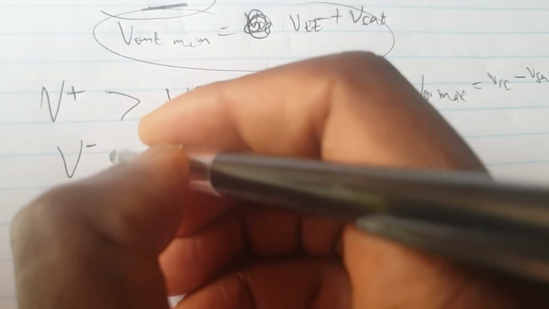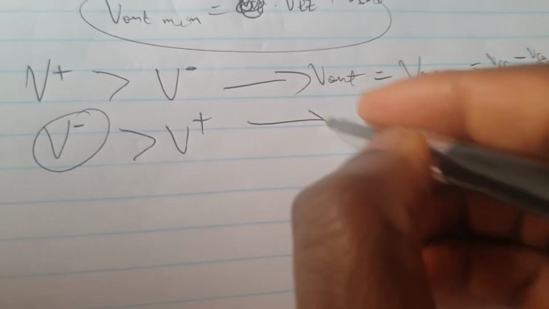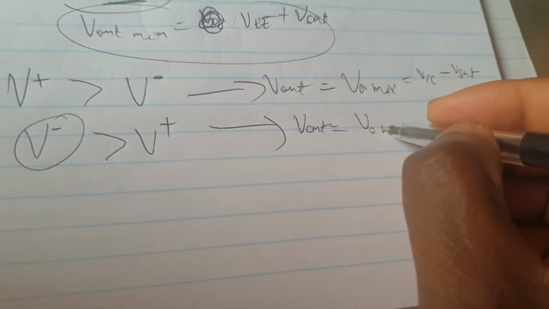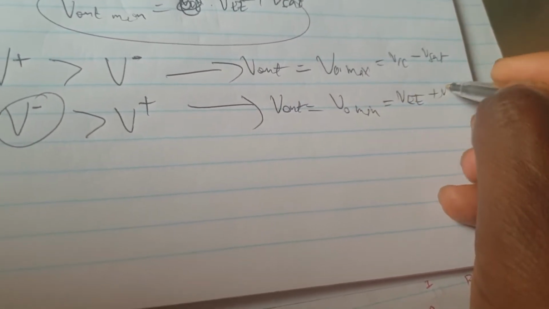And when the voltage at the negative input is higher than the one at the positive input, it's the other way around. The output voltage will be V out minimum, which is VEE plus VSAT, VEE being a negative value.